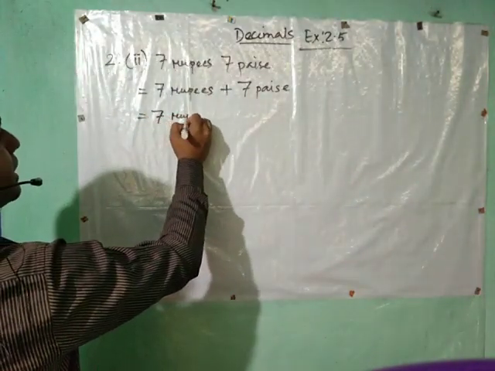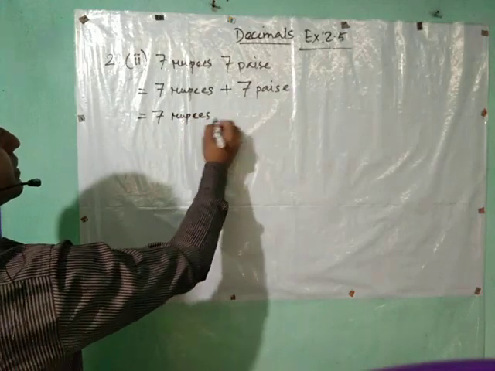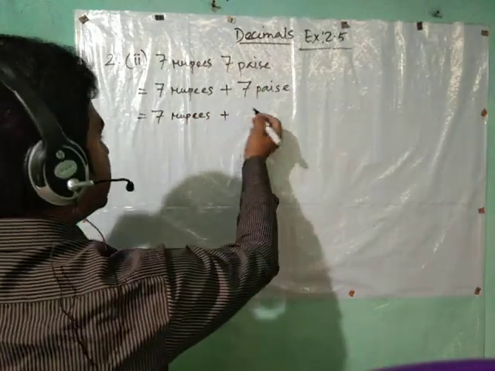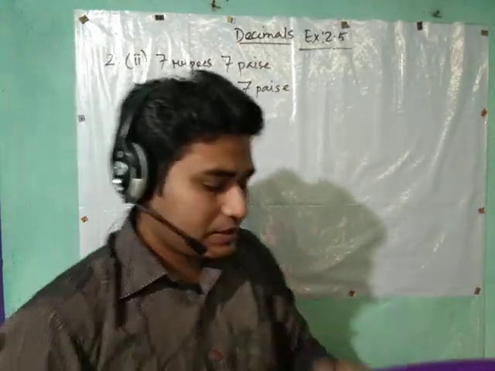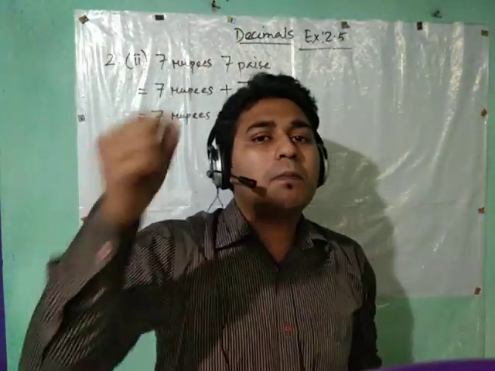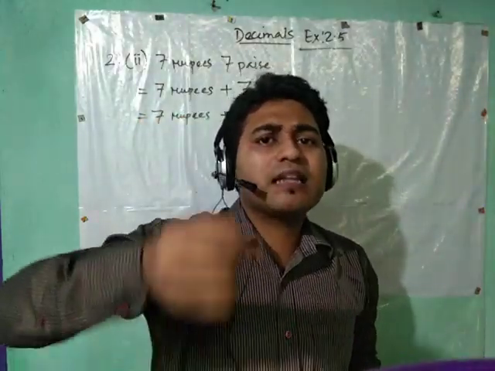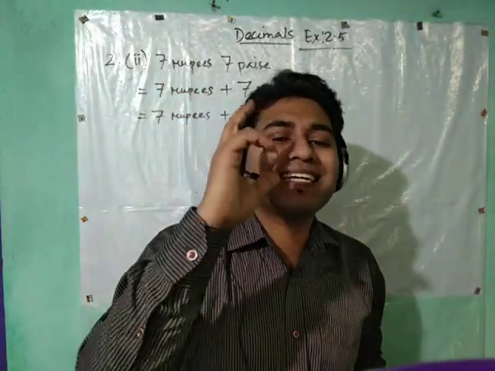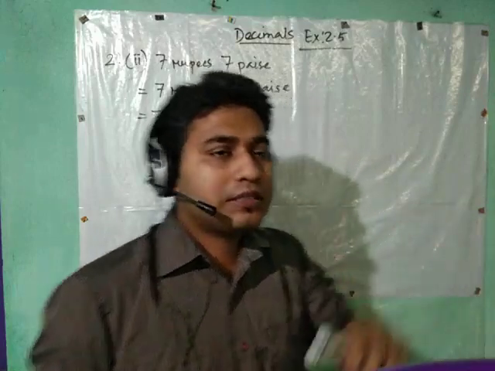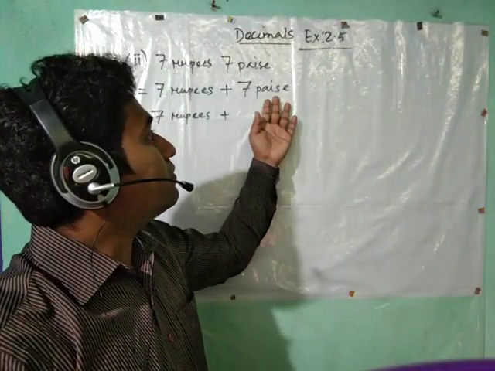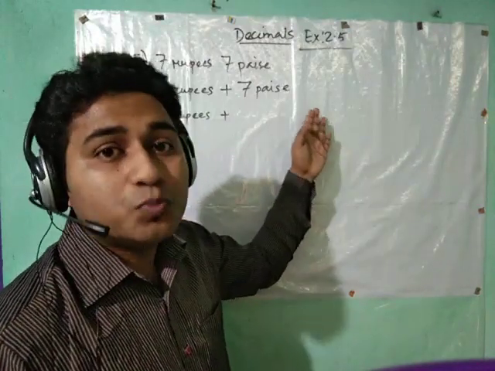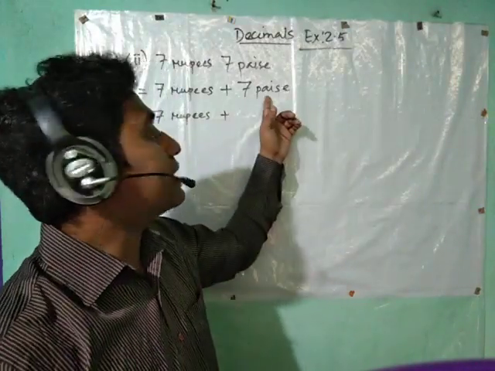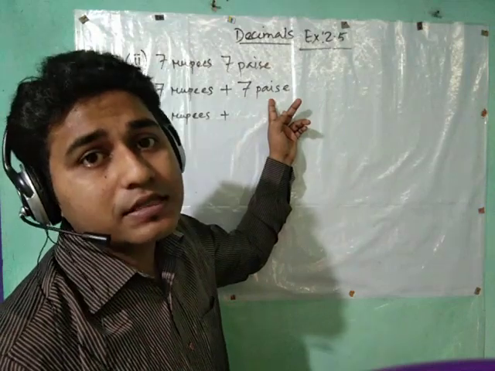So what will you do? But I will convert this. Now see, I am going to convert this paisa into rupees. Now you tell me, the unit paisa and the unit rupees, which one is greater? We all know that the unit rupees is always greater in comparison to the unit paisa.